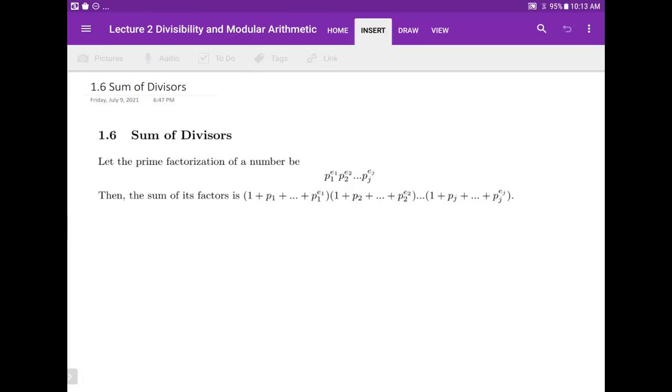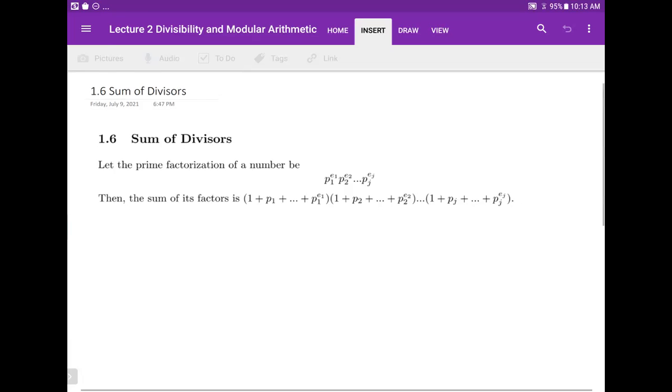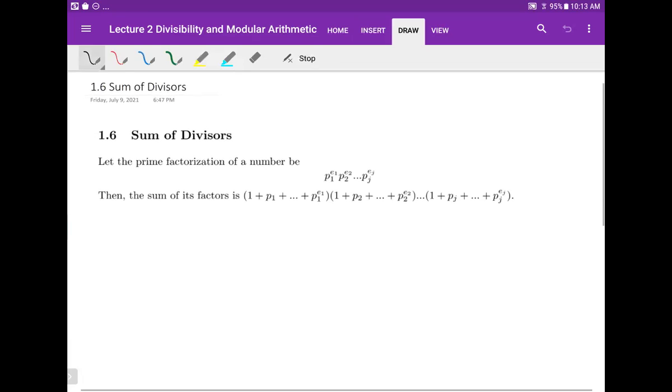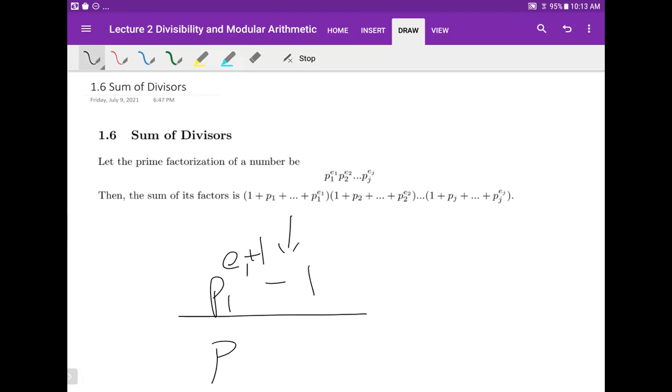And one shortcut that I'll teach you, although you don't have to know how this comes by, but you can derive it yourself just by performing long division, is that this is also equal to p sub 1 to the e sub 1 plus 1, minus 1, over p sub 1 minus 1.